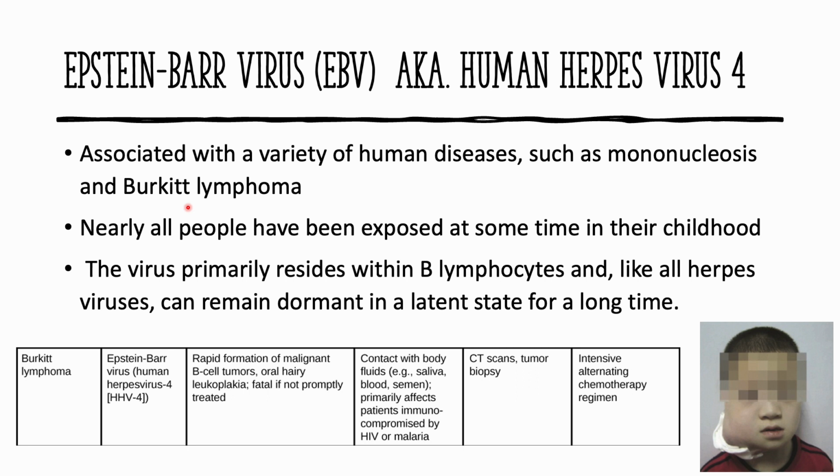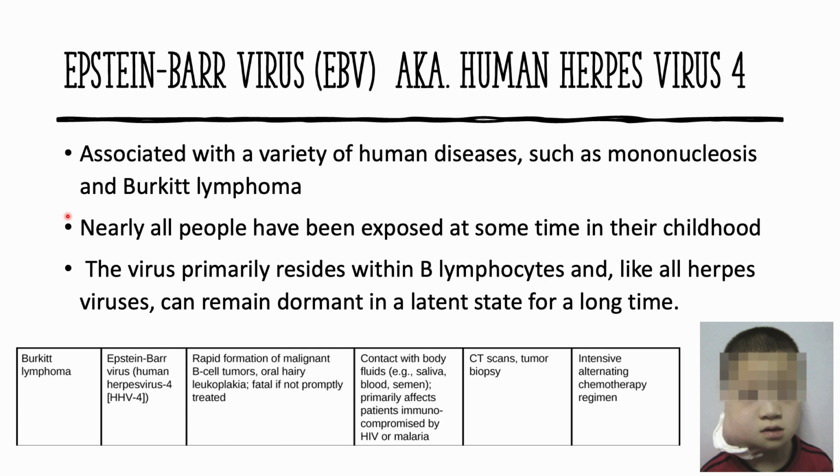This is very rare. And nearly all people have actually been exposed to this virus at some time in their childhood. It's a very common virus to be exposed to, but whether or not that virus is going to actively replicate and express itself is one of those factors that is not as well understood.